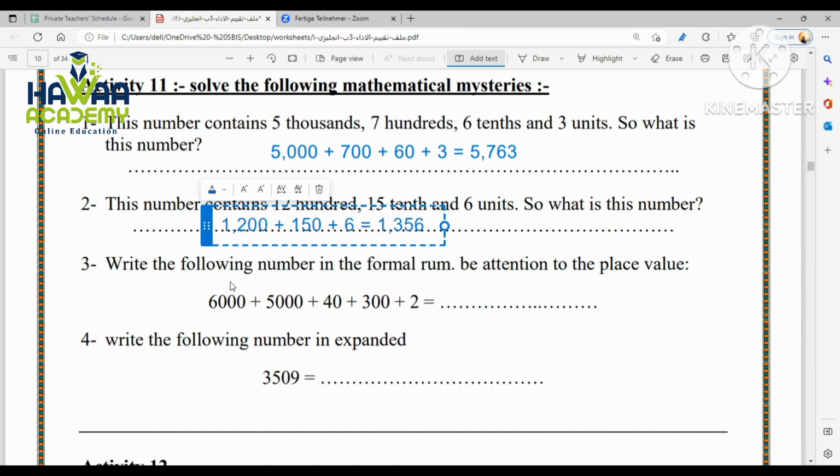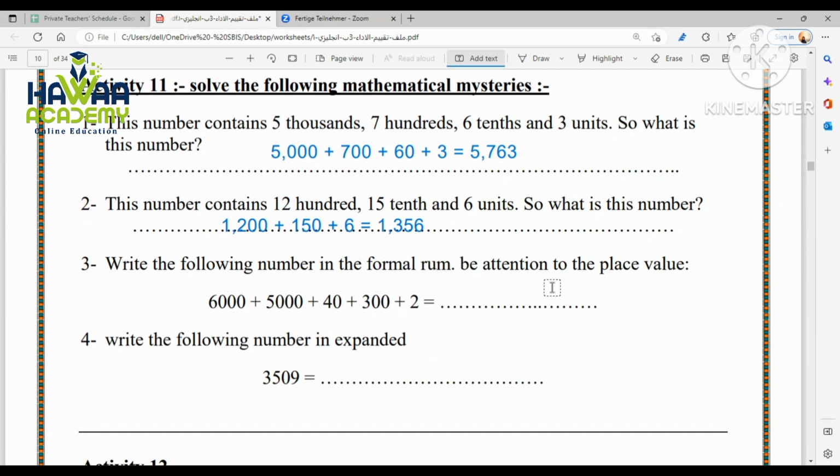Easy. So the 12 hundredths, 15 tenths, and 6 ones will be the same as 1200 plus 150 plus 6 will be 1356.